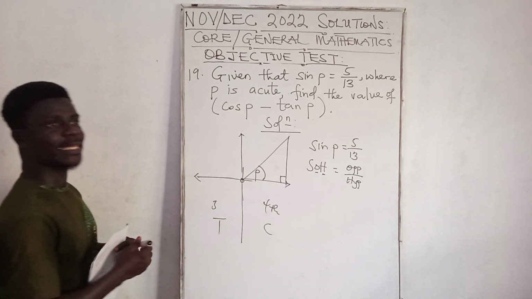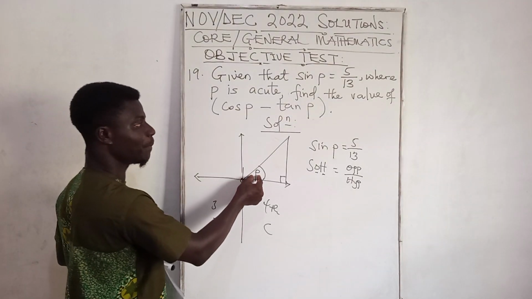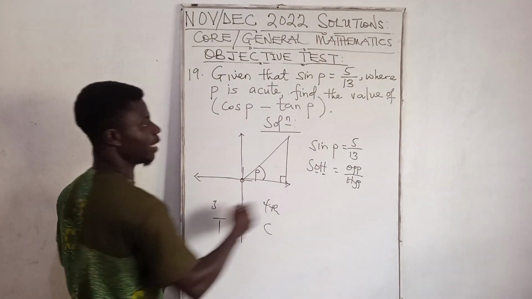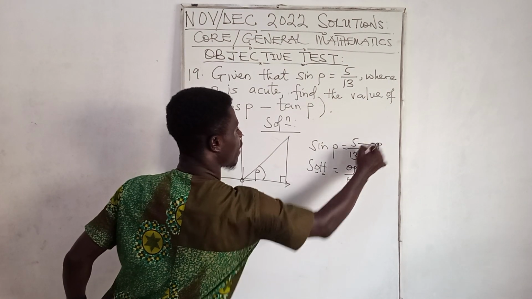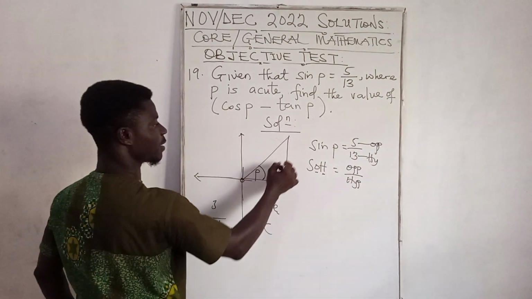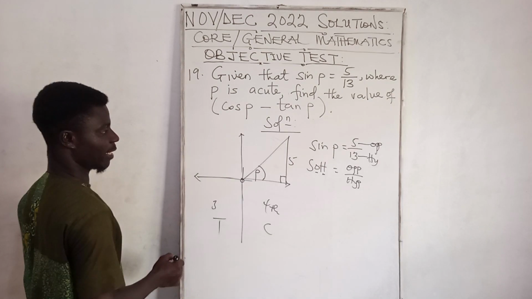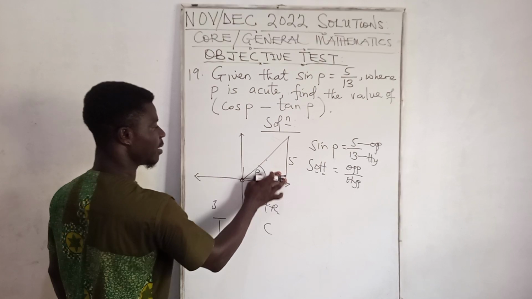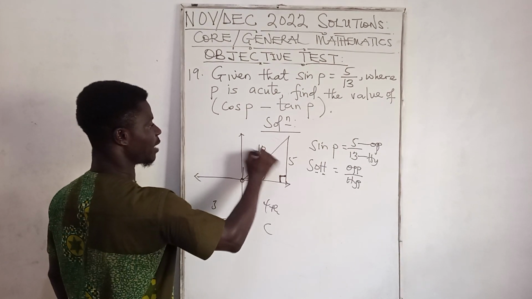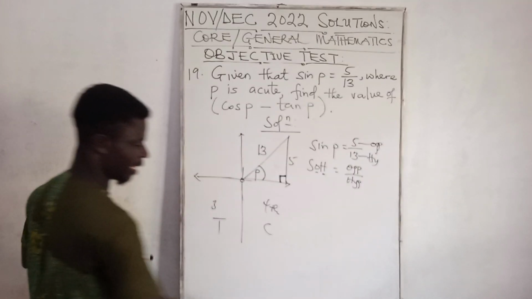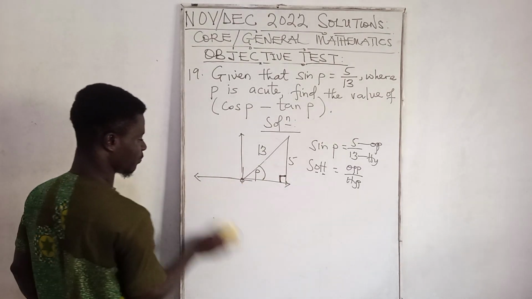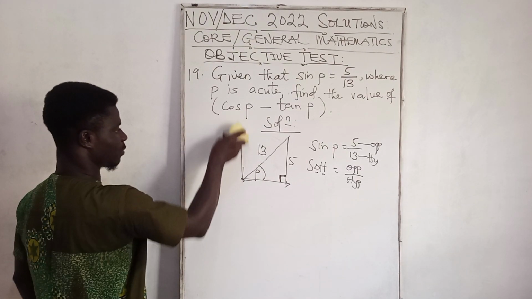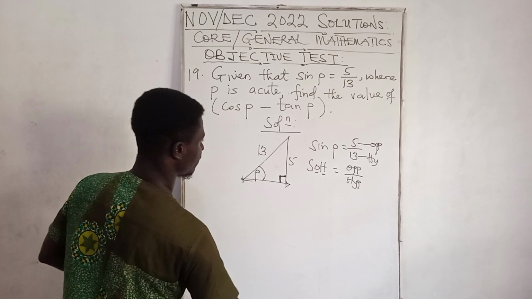Where the angle p faces becomes the opposite, and this opposite is 5. Then my hypotenuse, where the 90 degrees faces, is 13.